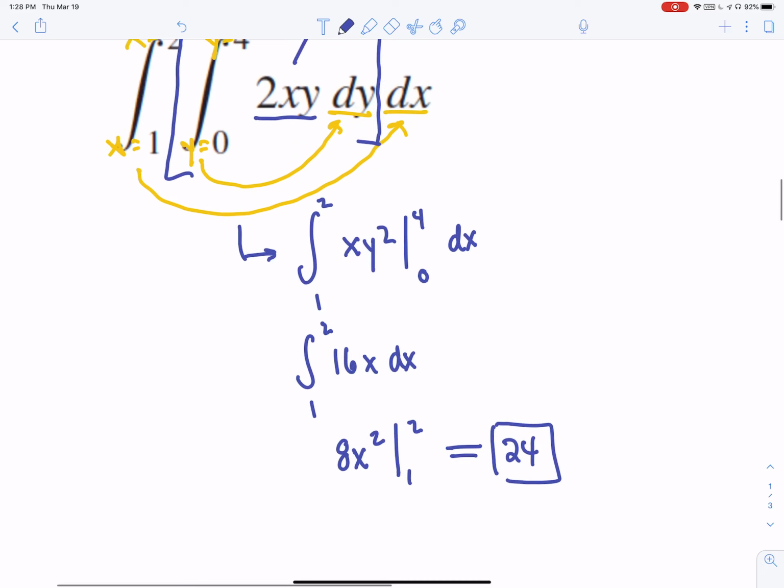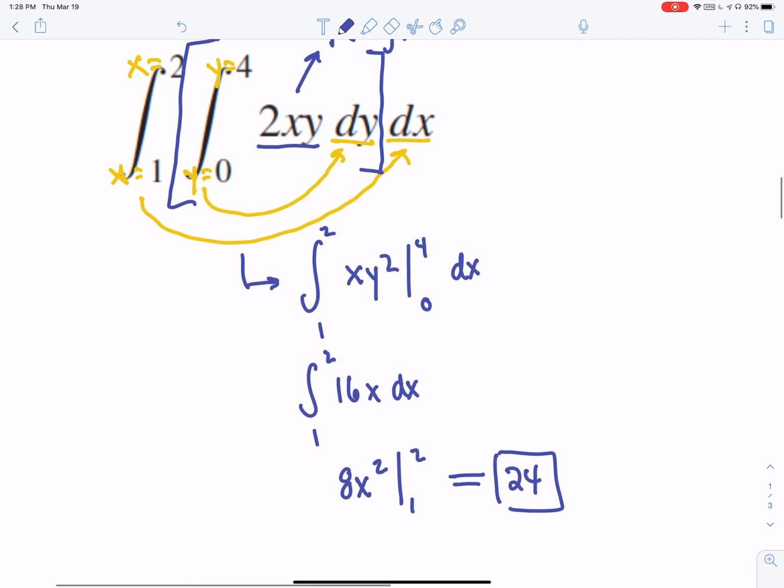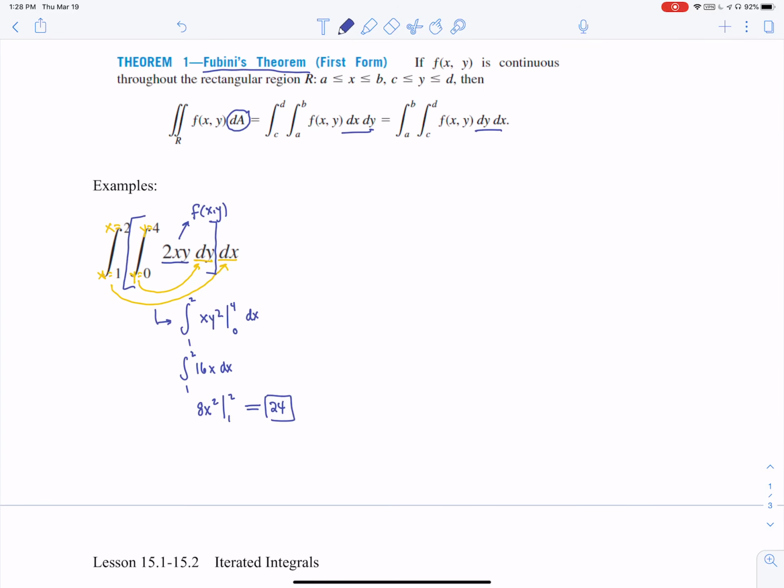So we got 24, and just to remind you, the interpretation of this is that on this region R from 0 to 4 and 1 to 2, so that's some region on the xy plane, under this surface 2xy, the volume, the amount of space it contains, is equal to 24 units, whatever units this problem was in.